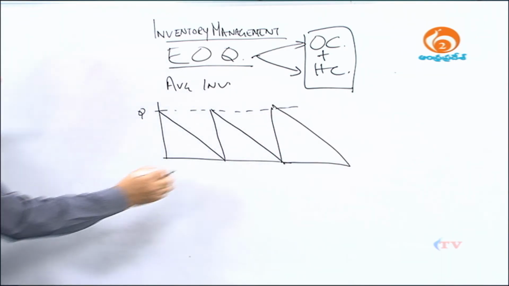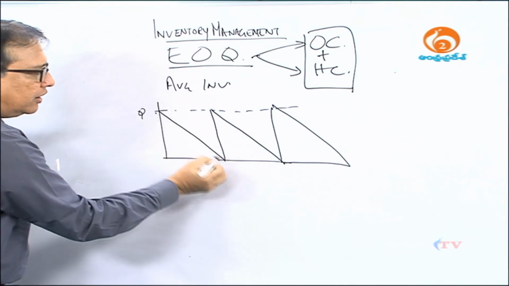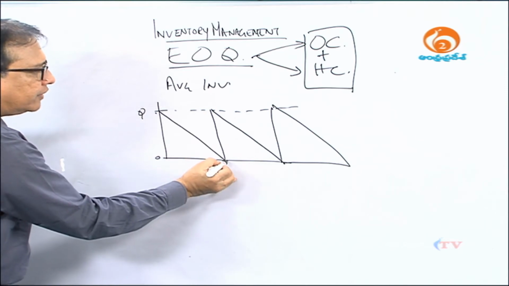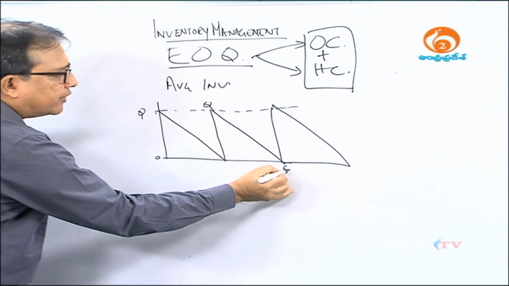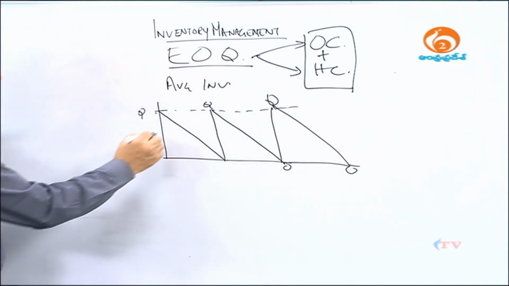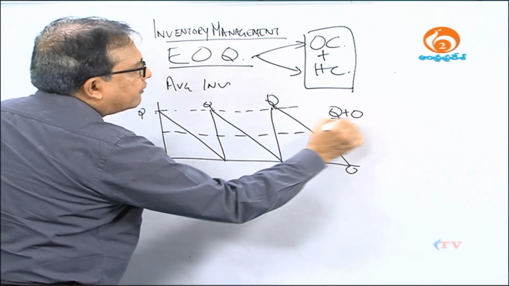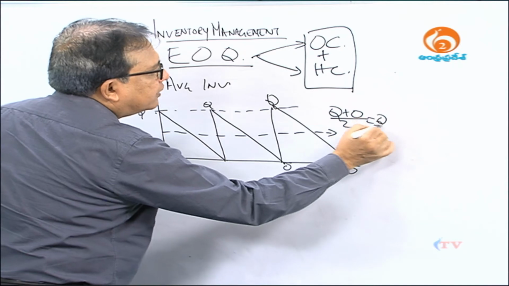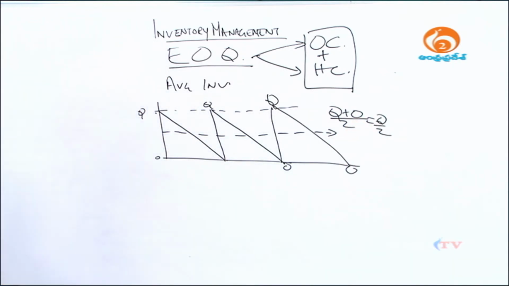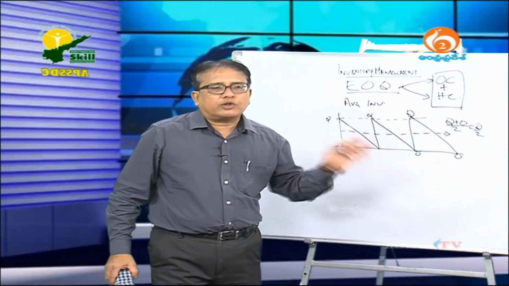So, the inventory is Q at this point and 0 at this point, again Q at this point and 0 at this point. So, what is the average inventory? The average inventory, a simple arithmetic mean, gives us (Q + 0)/2, which is Q/2. That is the average inventory. This Q will vary from company to company, in terms of units or in terms of value, whatever it may be.